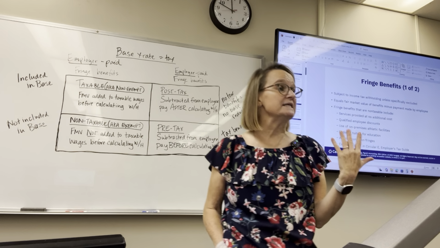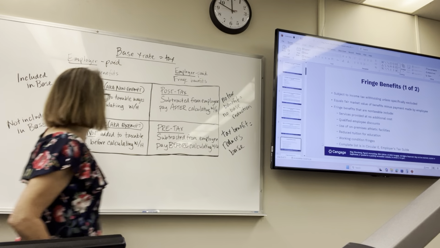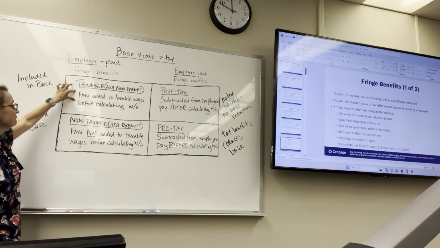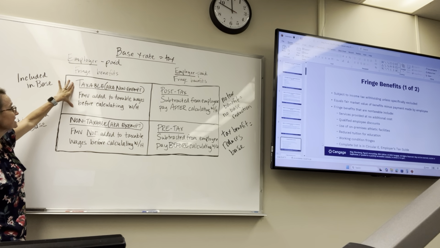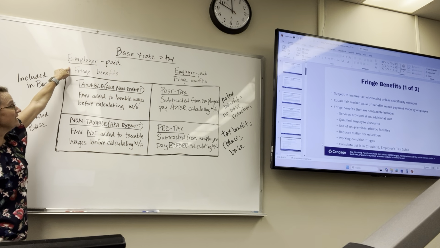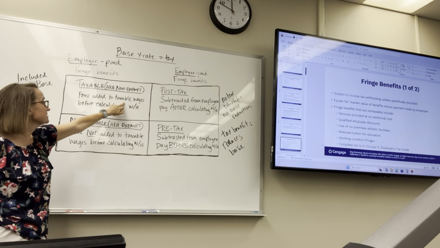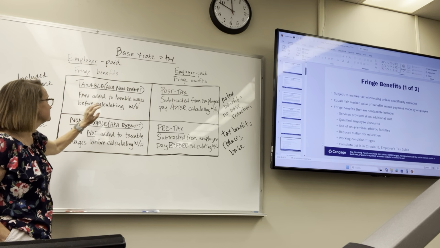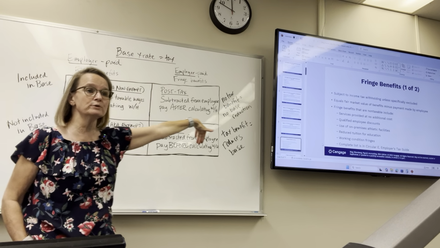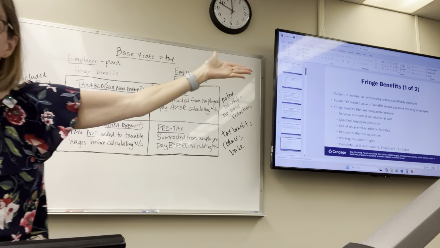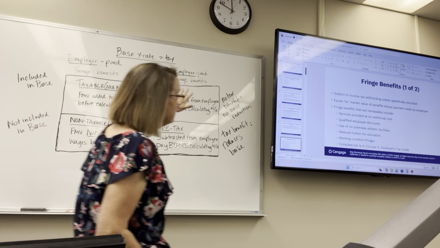Most times this is pretty easy to determine. So that's what this FMV means, fair market value. If it's a taxable fringe benefit that was paid by the employer, we're going to add the fair market value to the taxable wages before we calculate what the withholding is. That means it's going to increase our base, essentially.